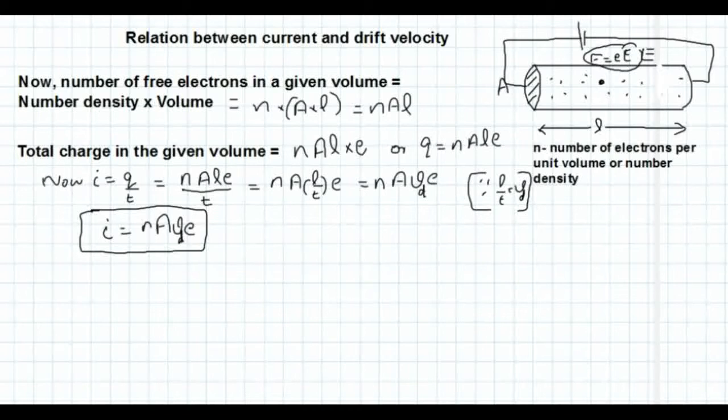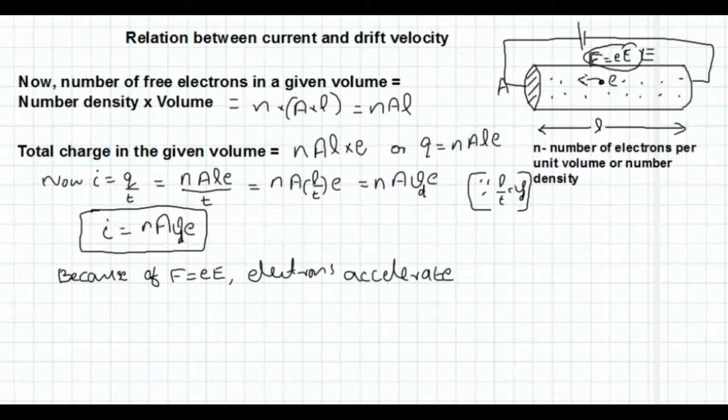So because of the force F is equal to eE, this charge is accelerating in a direction opposite to that of the electric field. So the electrons accelerate in a direction opposite to that of the field. This we have discussed earlier.